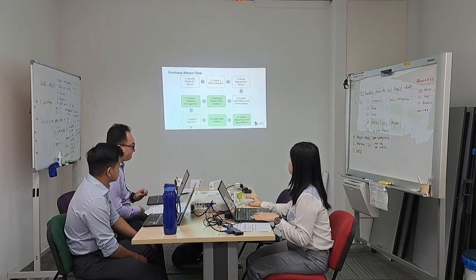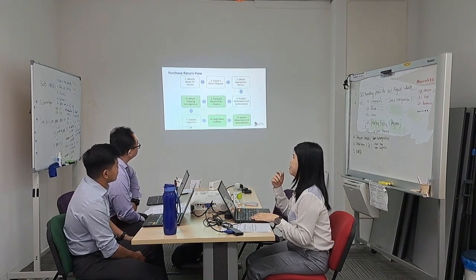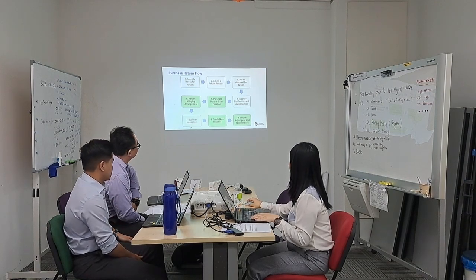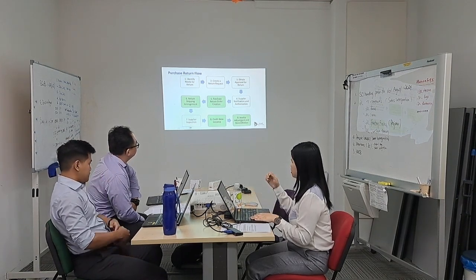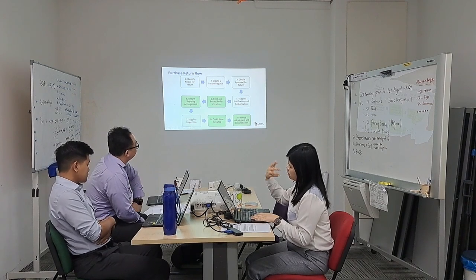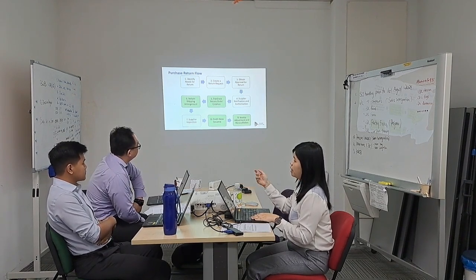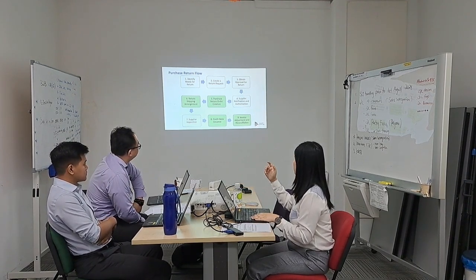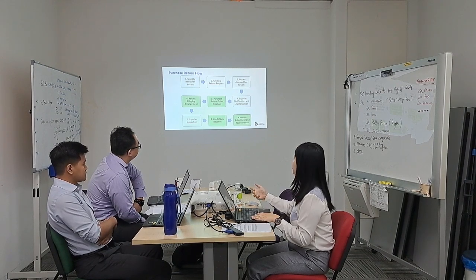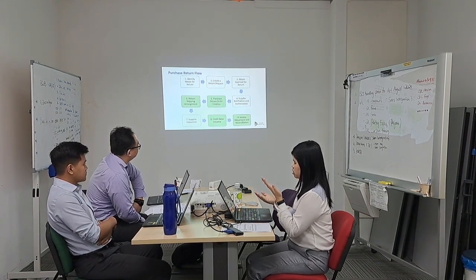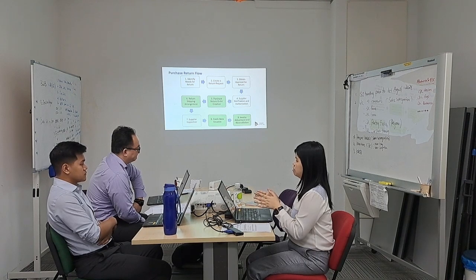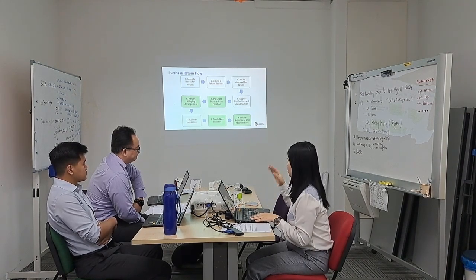Number 8, they will issue the credit note, CN. Number 9, this CN that you receive from the supplier, you need to pass back to your finance or the AP department, so they can do the knock off offset with the current invoice. This is the whole flow.